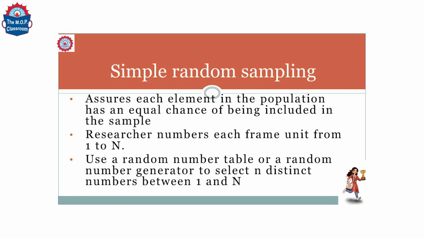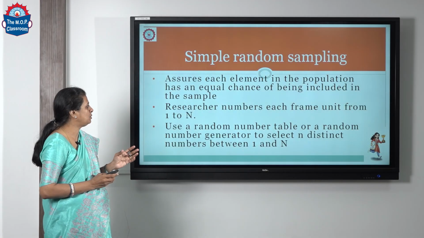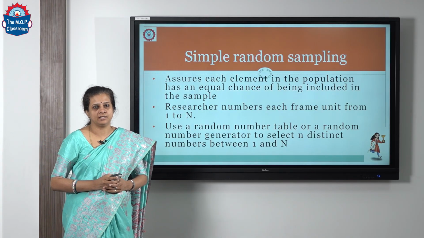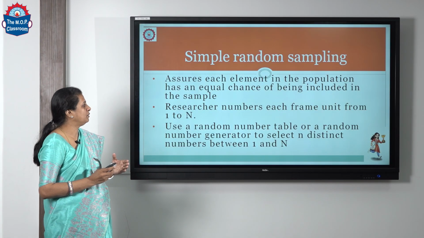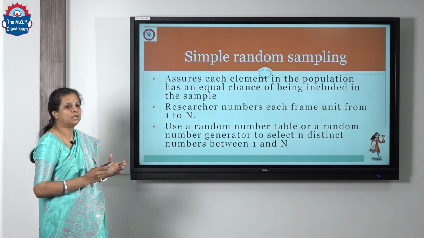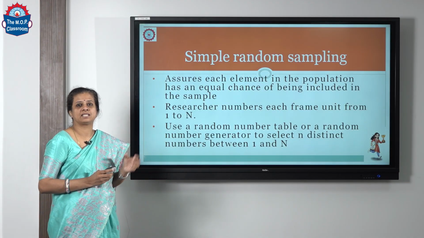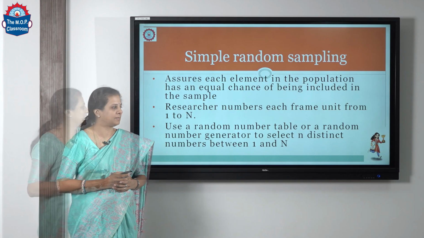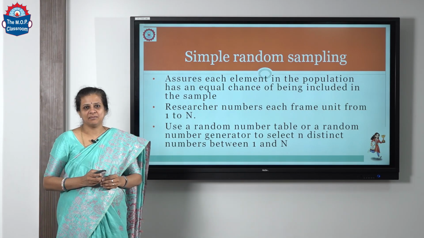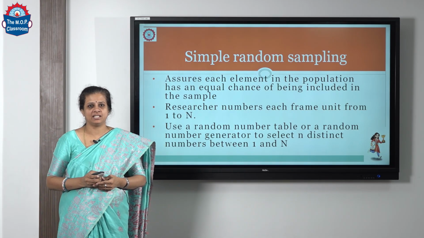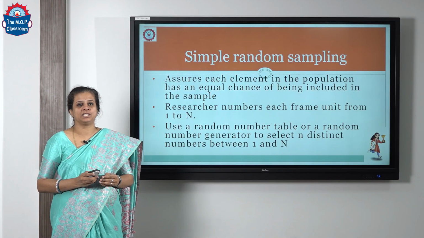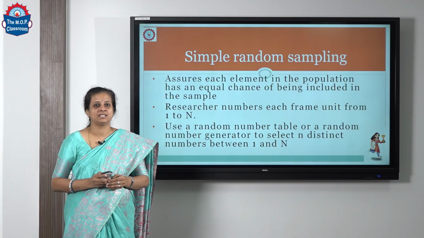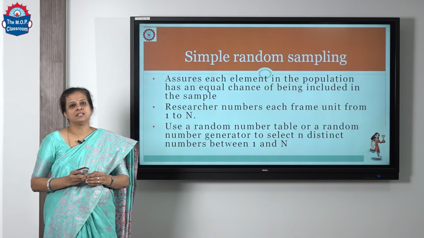Simple random sampling is where each element in the population has an equal chance of getting included in the sample. The researcher makes a series of numbers from 1 to N, where capital N stands for the population size. Using a random number table or a random number generator, the researcher chooses the sample from the population N, and this sample size is represented as small n.